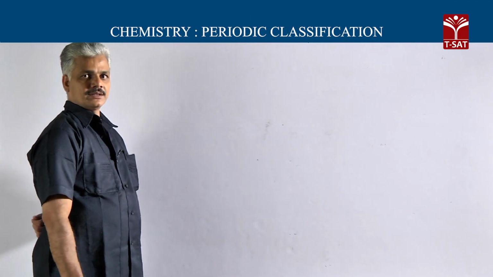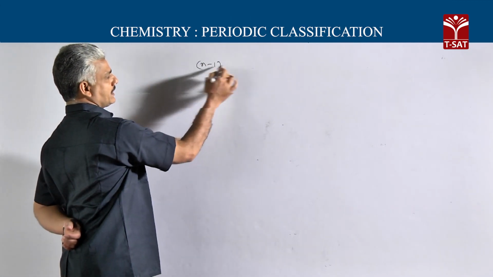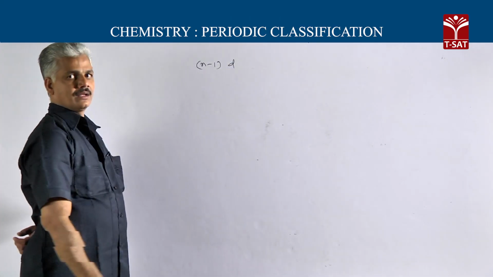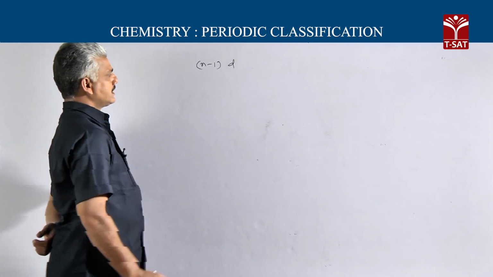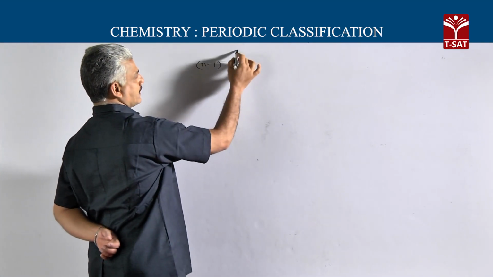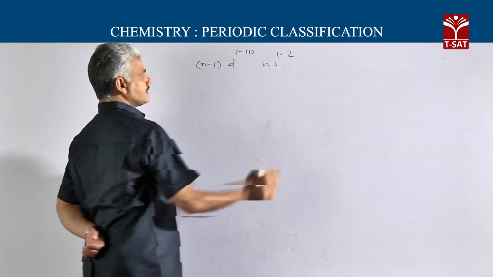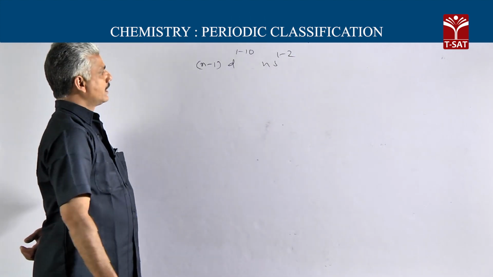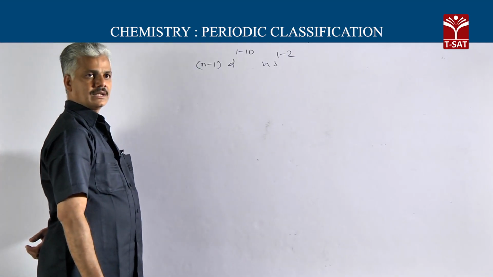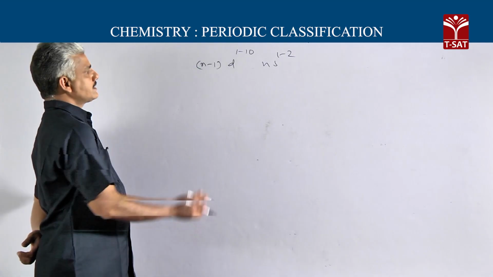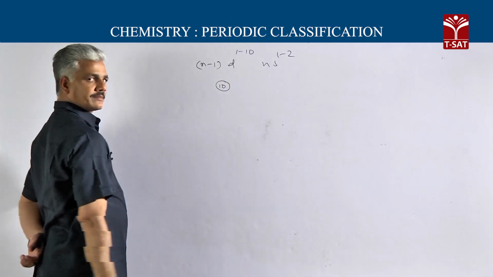The elements in which the differentiating electron enters into the penultimate d sublevel are called d block elements. The general electronic configuration of d block elements is (n-1)d1 to 10 ns1 to 2. A d sublevel can accommodate a maximum of 10 electrons. Hence, in this d block we will come across 10 groups.